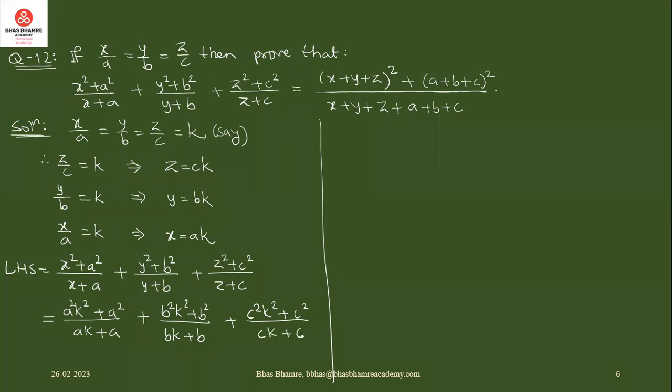So we did till here. Like that, y square plus b square upon y plus b is nothing but b square k square plus b square upon bk plus b. And z square plus c square is nothing but c square k square plus c square, and upon z plus c remains ck plus c.